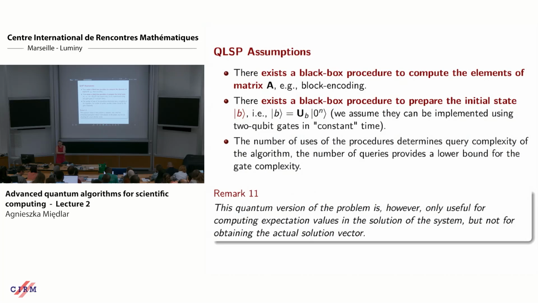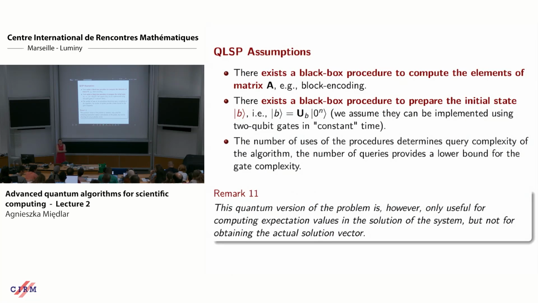And we assume that they both can be implemented using two-qubit gates in constant time. That's an assumption to simplify the circuits, and constant time essentially means it's doable. It's not that you're going to wait forever to input your data, because then there is no sense in doing any simulation.